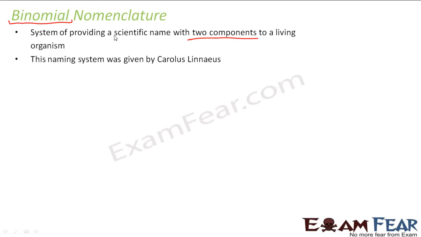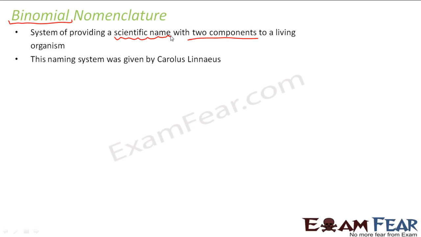We call it a scientific name. The scientific name is universal. It remains the same throughout the world, be it India, Africa, America, Europe. Everywhere the scientific name of an organism will remain the same. This scientific name consists of two parts, and that is why it is known as binomial nomenclature, that is, nomenclature with two parts of the name.